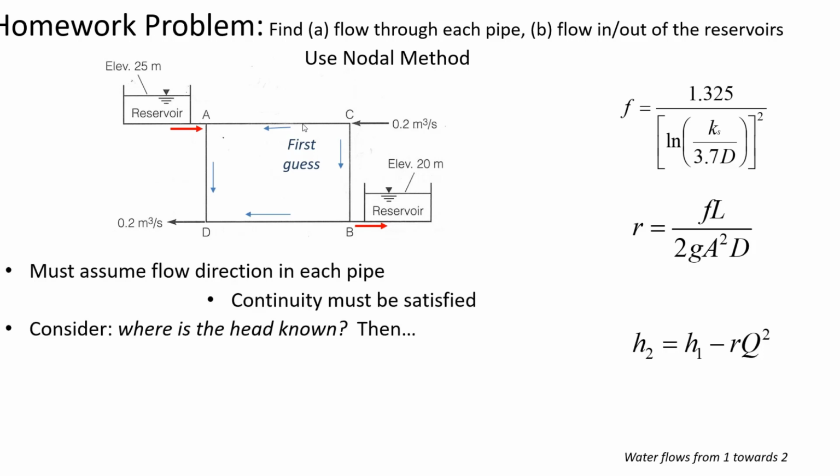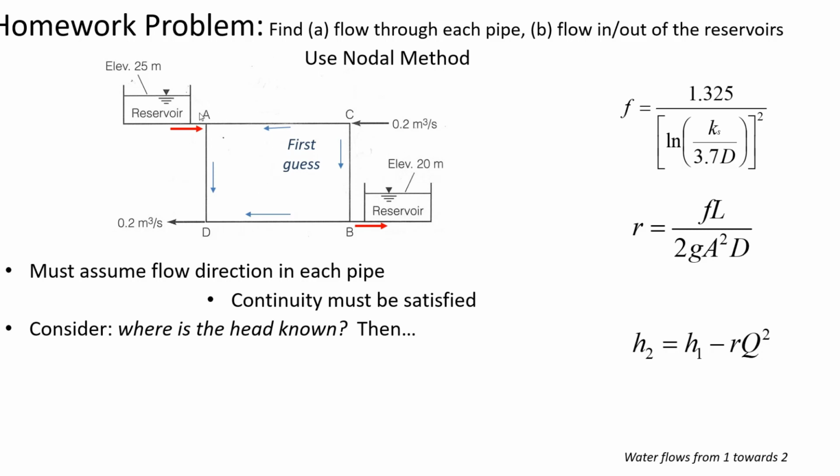And now let's go back to this idea that I mentioned earlier, that we know the head at A is 25 meters. So head at A is 25 meters. What is the head at C? According to this first guess of flow direction, head at C is what?